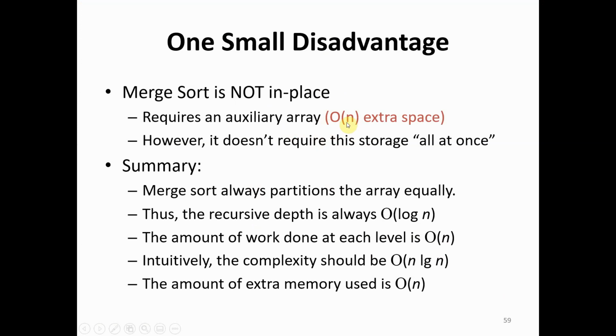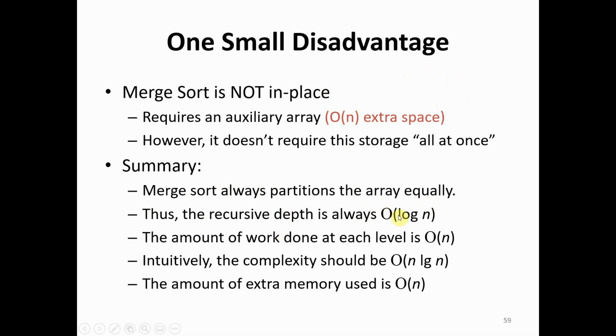One of the advantages of merge sort is that whenever we divide the array into two subarrays, the two subarrays are almost equal size. If n is even, they're going to be exactly the same size. If n is odd, one of them is slightly bigger, but they almost have the same size.